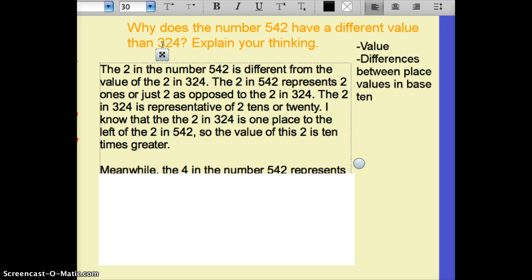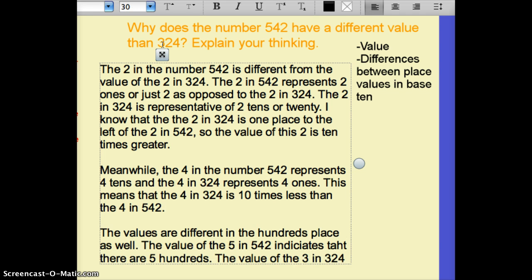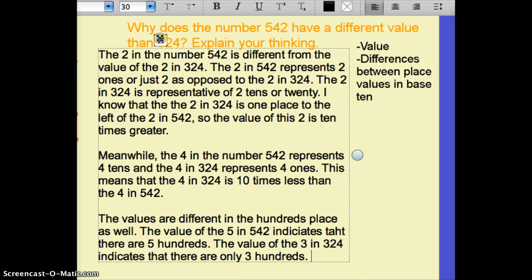The value of the 3 in 324 indicates that there are only 3 hundreds. And then I'm going to want just a wrap-up statement, just to say the values of the two numbers are very different.